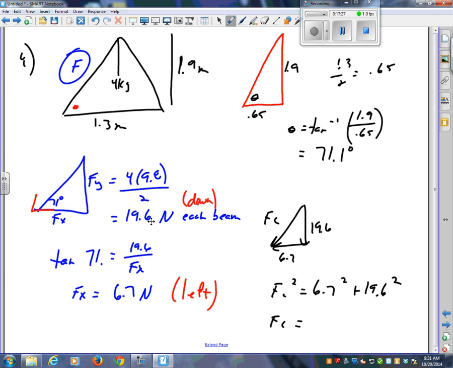I get 20.7 newtons of compression. Did you get 6.7?